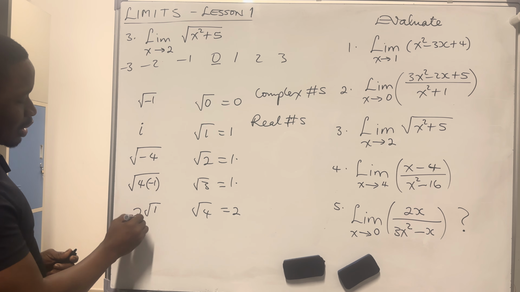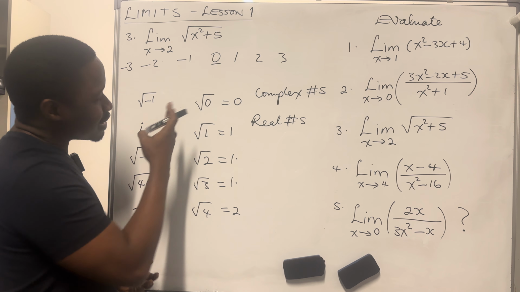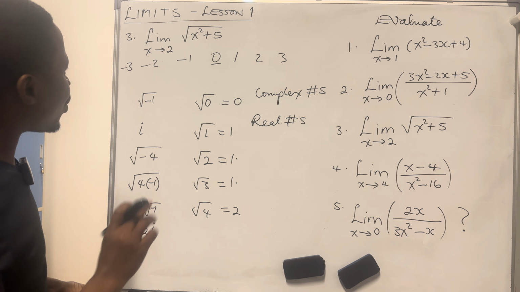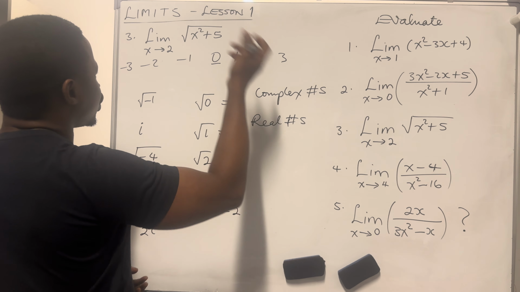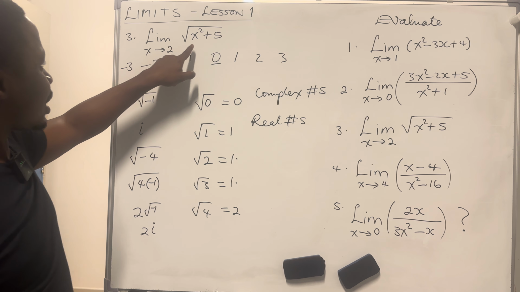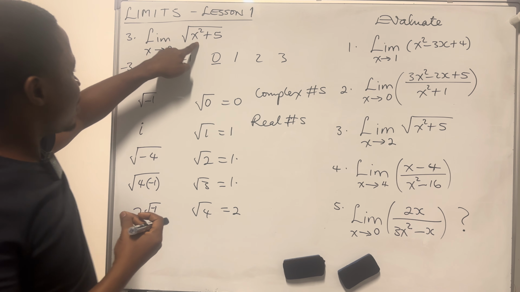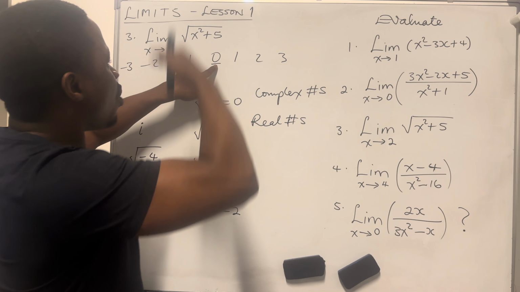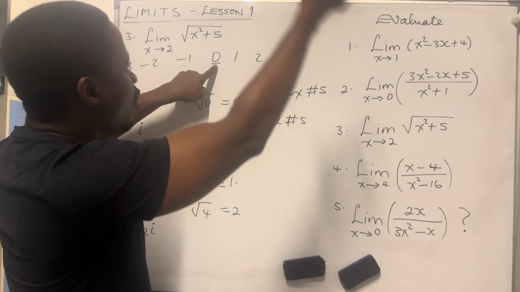But here we have to recognize that the square root of a negative number does not exist. So we don't want the value inside the square root to be negative. Therefore, before you continue, substitute first and see if what you get is greater than or equal to 0.